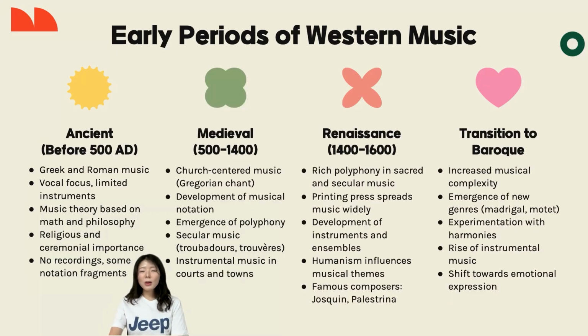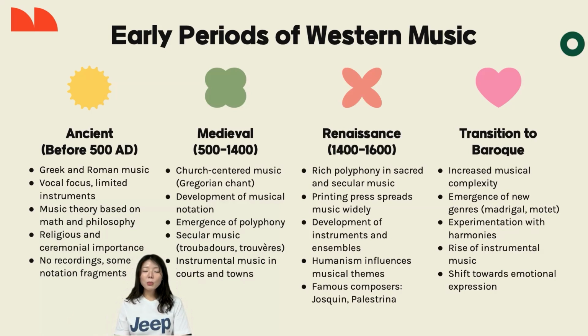Everything was very primitive, which means very early stage. Ancient times is before 500 AD, very long time ago. They had Greek and Roman music, and the music was mostly vocal because the instruments were very limited.